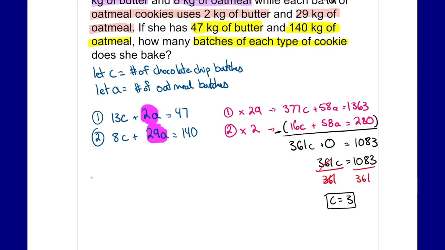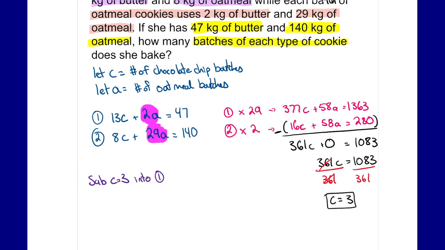So to do that, I'm going to sub c equals 3 back into either one of my equations. I'm going to use equation 1 this time just because overall the numbers are smaller, so hopefully the less larger numbers makes it easier to calculate. Again, it doesn't really matter.